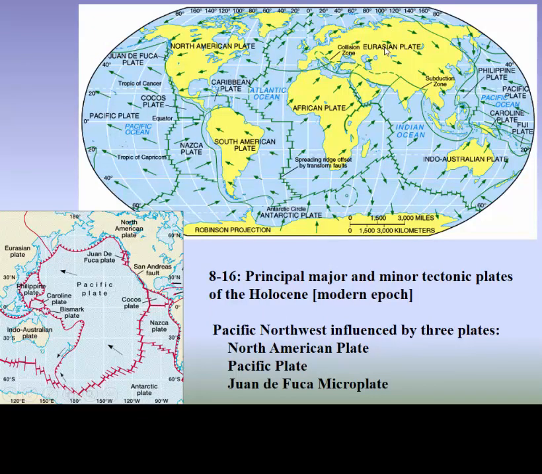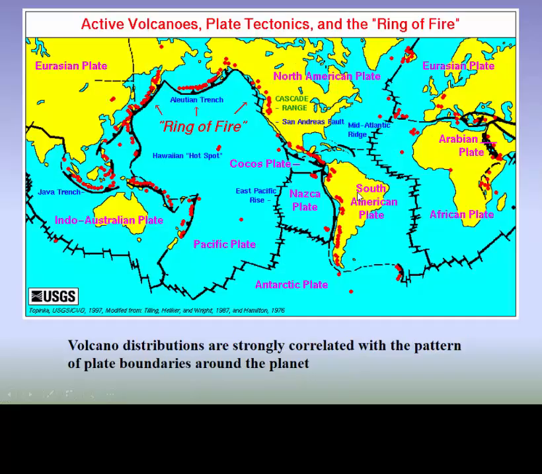We've got the Eurasian plate, South American plate, Nazca plate, Juan de Fuca plate that I mentioned before, and they're just moving in different directions relative to each other. These are some active areas of volcanoes and plate tectonics, focused particularly around the Pacific Ring of Fire here. In 2004 we had that big earthquake in Indonesia, which occurred right here off the coast of Banda Aceh.